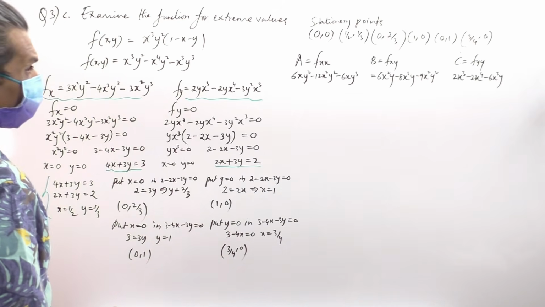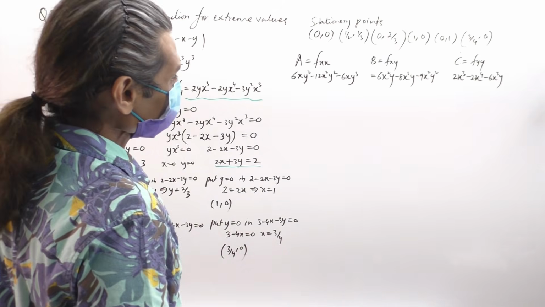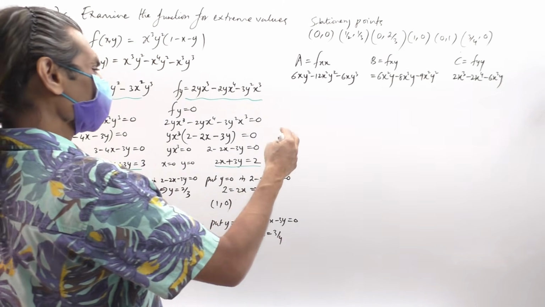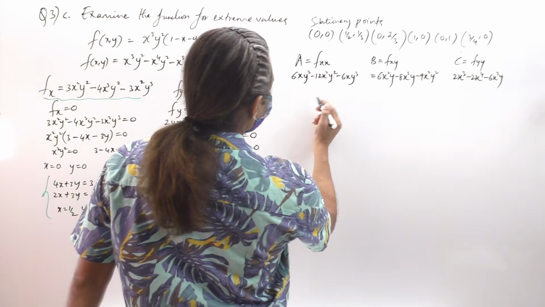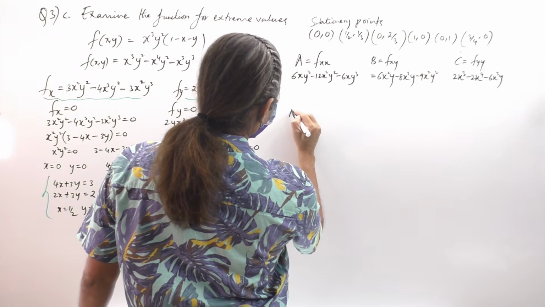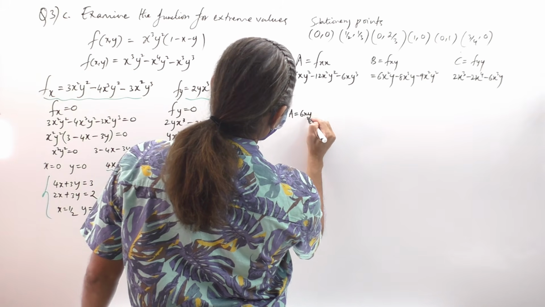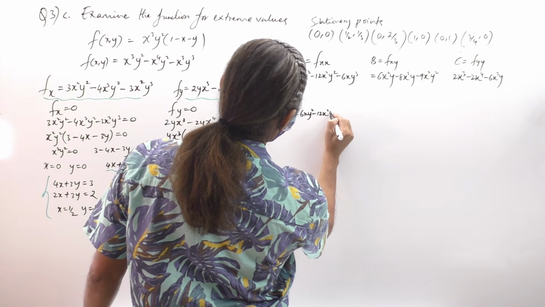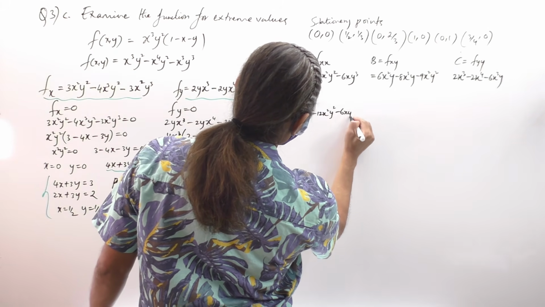So if you see carefully, I will make a table for your better understanding. Let's take the points here. I write the values here first. A is equal to 6xy² minus 12x²y² minus 6xy³.